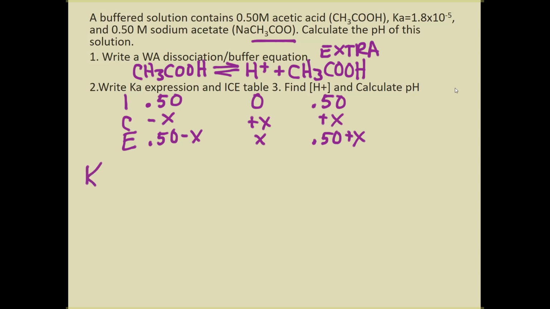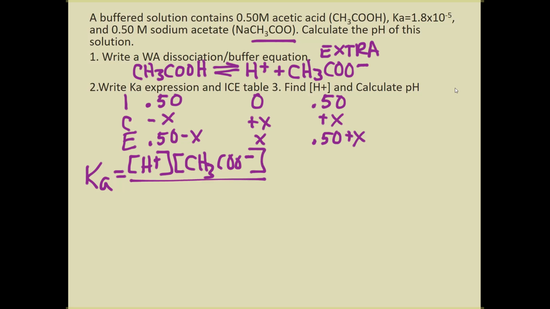I can bring all this down, and I am going to write my Ka expression. This is for an acid, so I'll have a Ka: products multiplied. Oh, I wrote this equation wrong. Sorry. Let's take off that hydrogen. Okay, now that's correct.